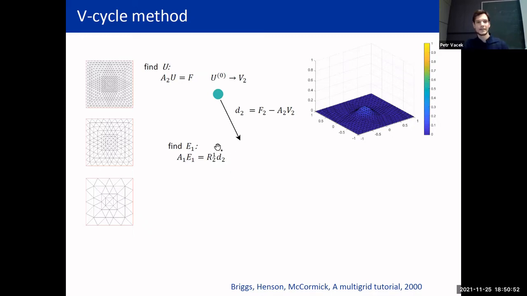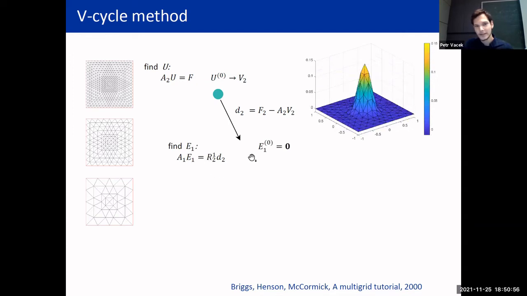Now we can view it as a separate problem and again consider a zero initial approximation. If we look at the error of the problem on the coarse level, the error again has oscillatory parts, so we can apply smoothing.